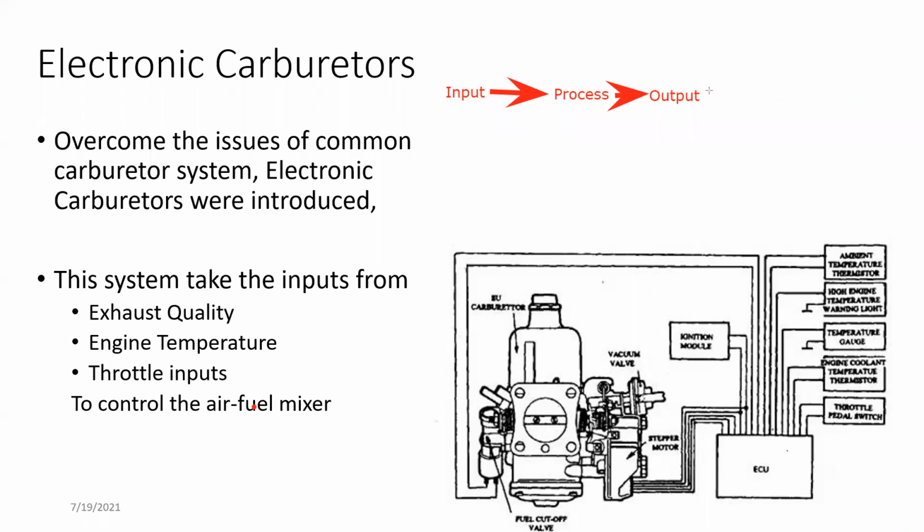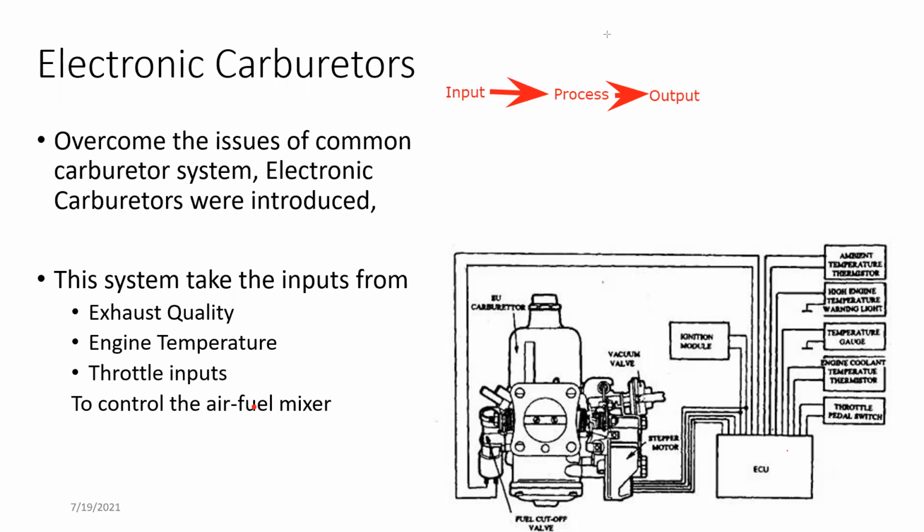There's no way to measure this. So this sort of process is called an open loop process, because the output has no control over input, and input has no control over output either.